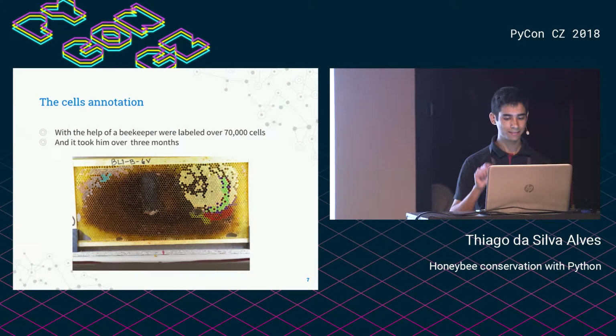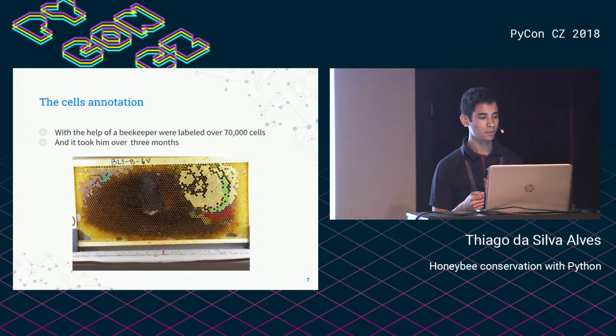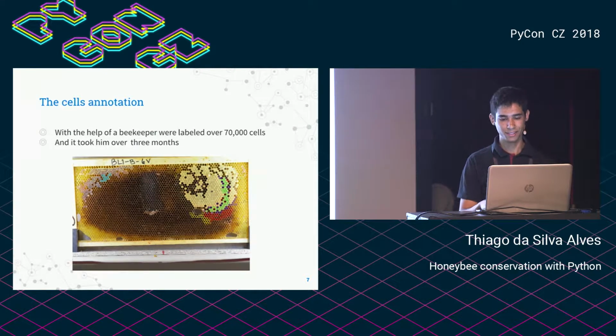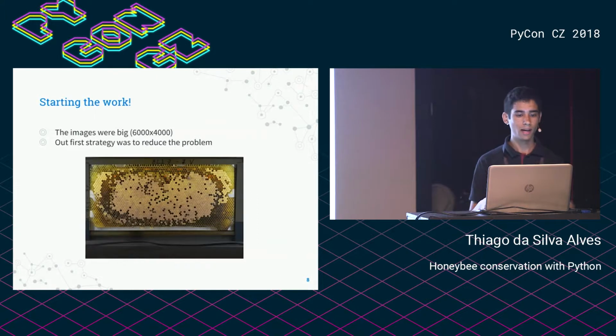He labeled over 70,000 cells by hand to use in the training. This task took him over 3 months. So he really did hard work to have this data set. And after, we started working when I came to Portugal.